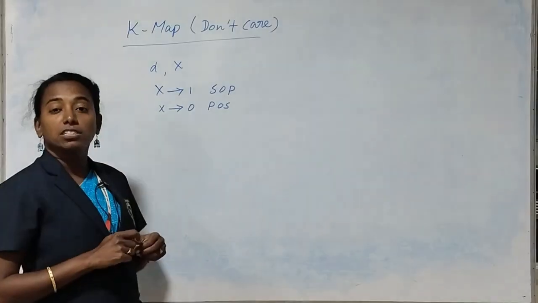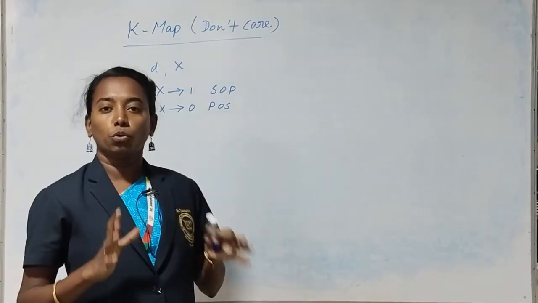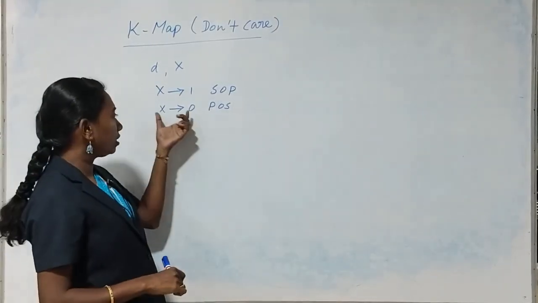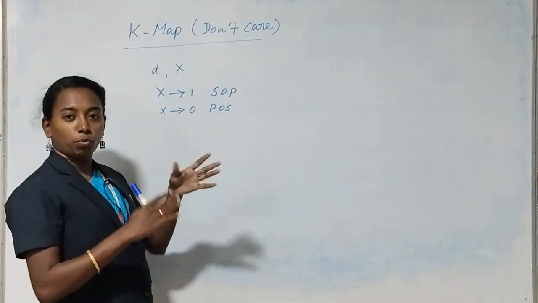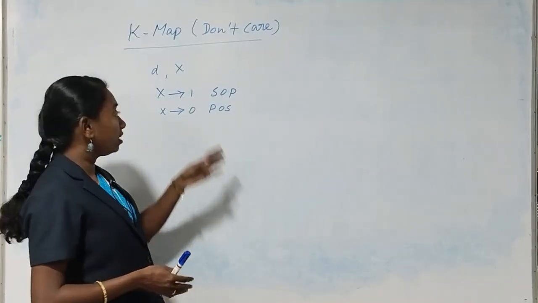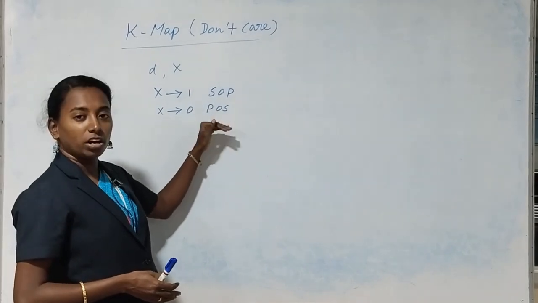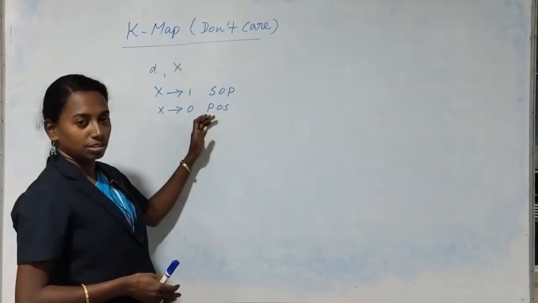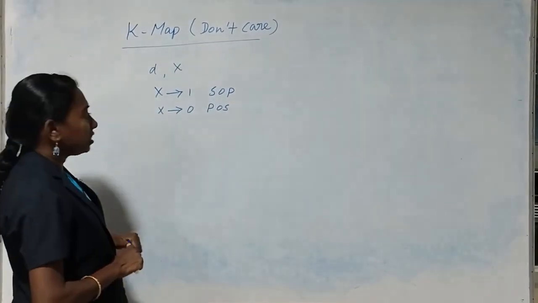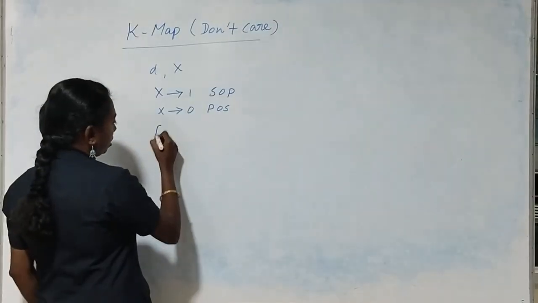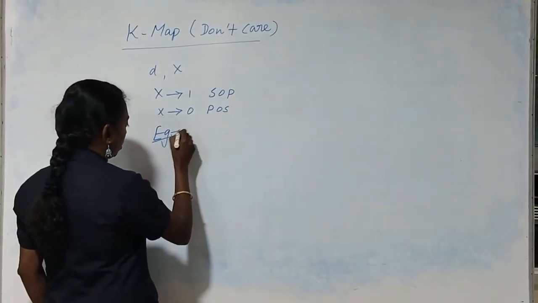While considering don't care for grouping, if a particular value is needed to make a whole combination, then for SOP we take X as 1, or else for POS X is 0. Let's take an example to understand it. This is example 1.